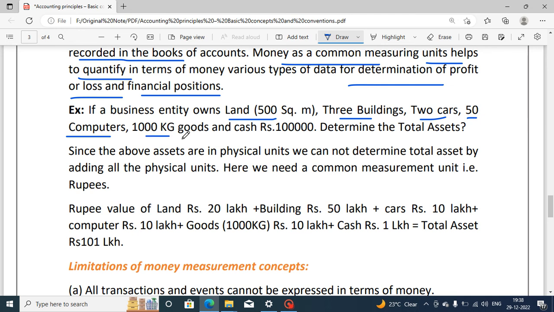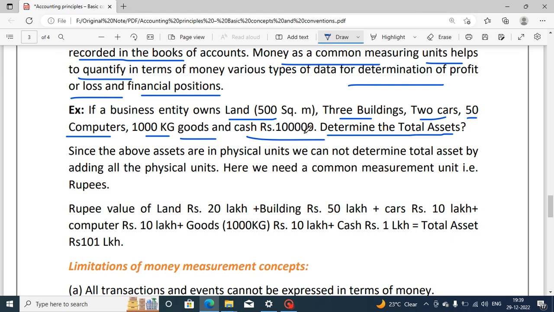Can you determine the total asset with the help of these diversified units of measure? Here numbers or pieces is the unit of measure. Can you add 500 square meters plus 3 plus 2 plus 1000 kg plus 1 lakh rupees? It is not practically possible.